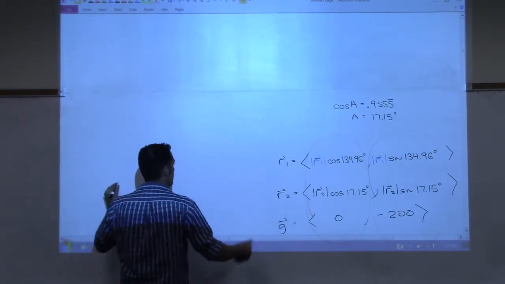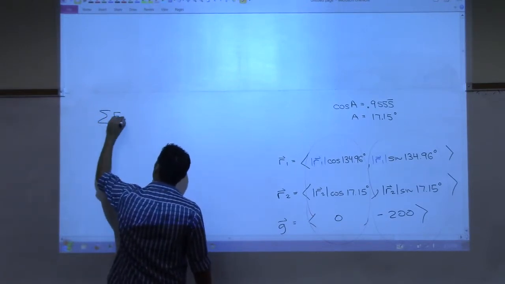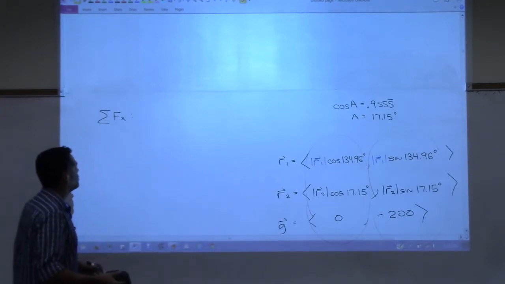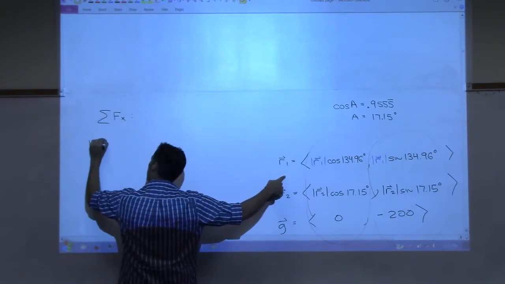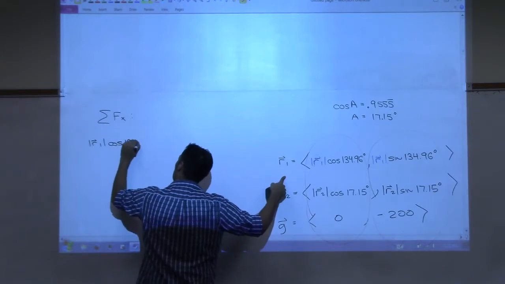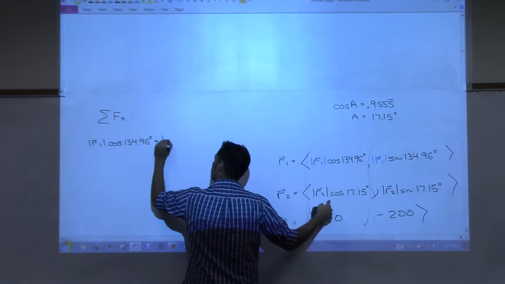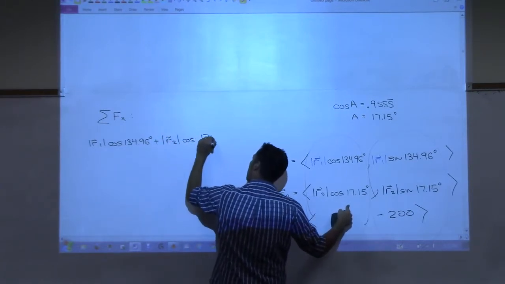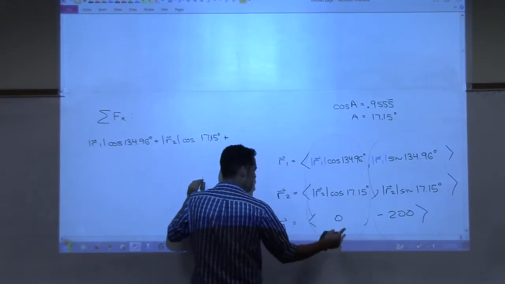Okay, first of all, just for reference, I'm looking at the sum of the forces in the x direction, all right? Just to use a little bit of physics notation. In the x direction, I have magnitude of R1 cosine of 134.96, plus magnitude of R2 cosine of 17.15, plus what? 0.